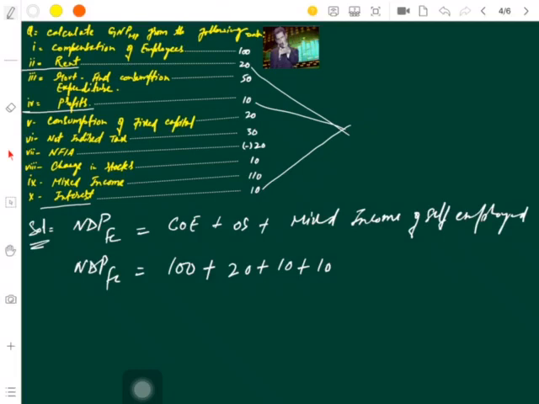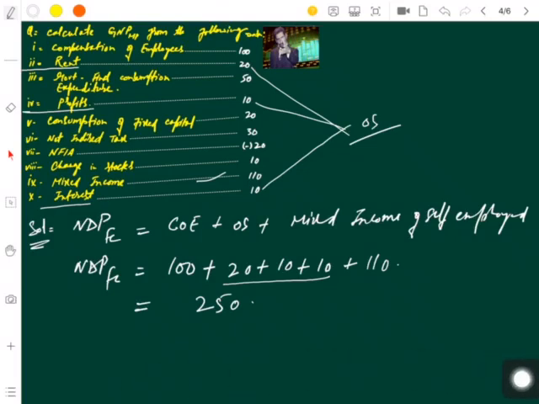These three have to be taken into consideration. This together makes what? Operating surplus. So that is what I am taking here: 20 plus 10 plus 10. Plus mixed income of self-employed, that is given here. It is 110. So it will come equal to 100, 120, 130, 140, 150, 250. This is our NDP at FC.